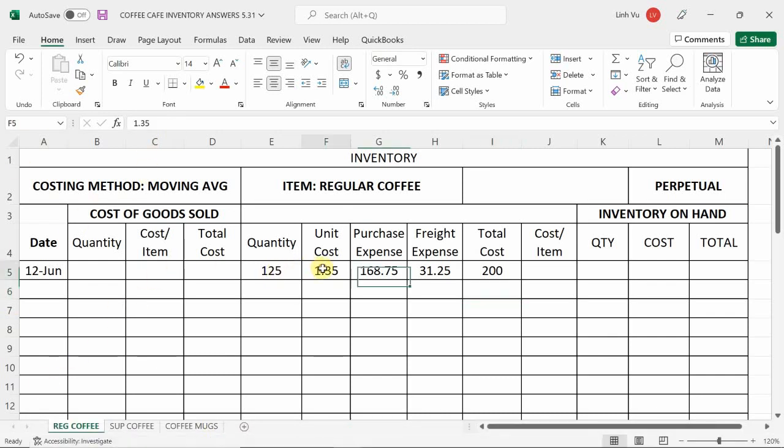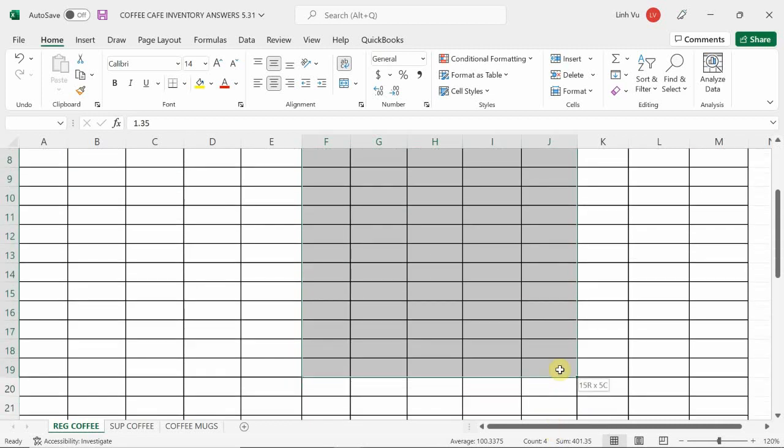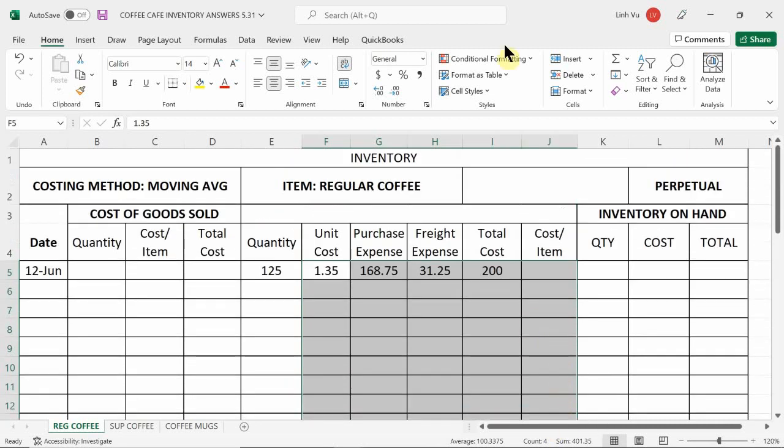Okay. So in this case, do I need to do a cost per item for my regular coffee? No, because it's moving average. In this case, right now, this is the only batch of coffee you have.